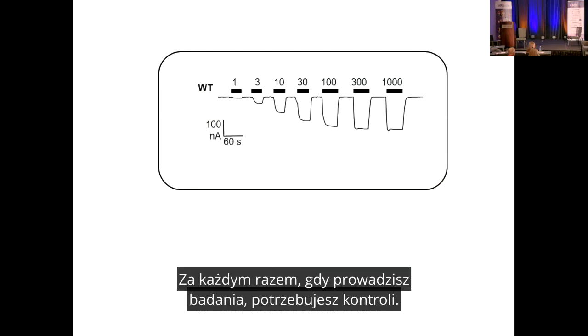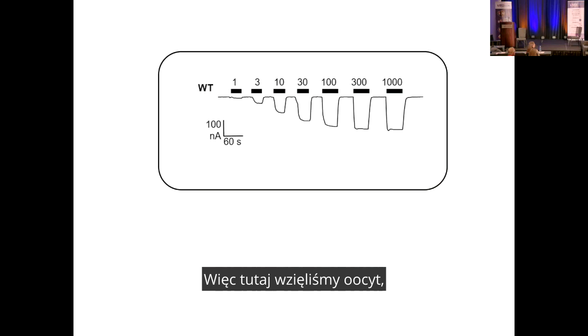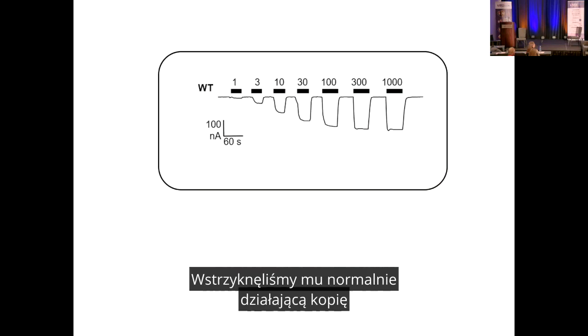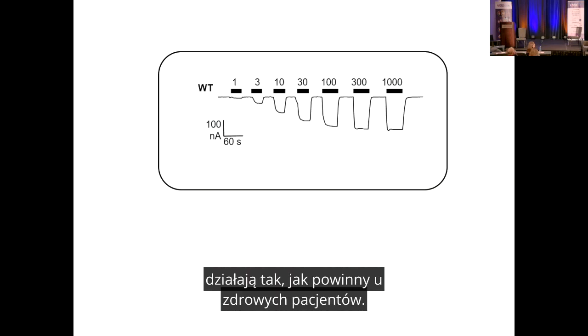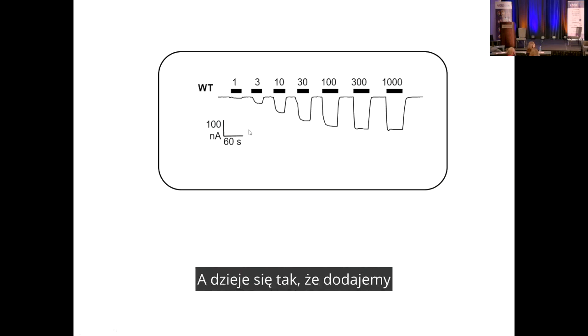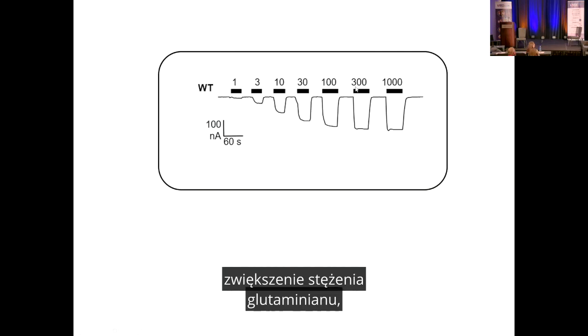Every time you do research, you need a control. So here we've taken an oocyte and injected it with the normal functioning copy of, let's say, GRIA3. So the AMPA receptors in the cell are working just as they should in healthy patients. We add increasing concentrations of glutamate.